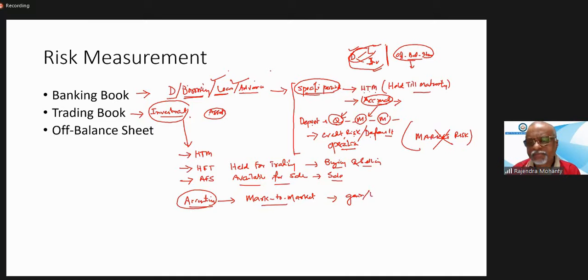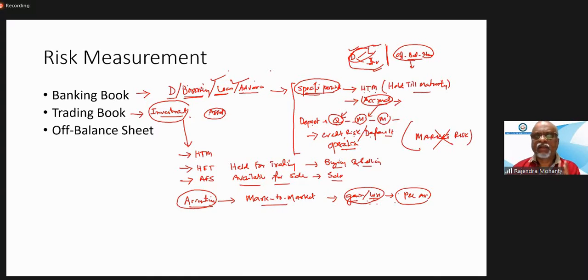The bank will account for this gain or loss, and it has to be written off with the P&L account. So at the end of the day, every day, the P&L account will be credited with the gain or debited with the loss. It is not as per accrual. Accrual means monthly, quarterly, whatever. Here, every day it happens.